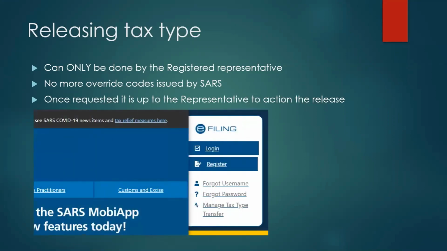So in order to do this, this is where we navigate to the sars.gov.za system and browser. We're not using eFiling anymore for this. So they would go to sars.gov.za. This website would pull up here, and you'd go to manage tax type transfers over here.